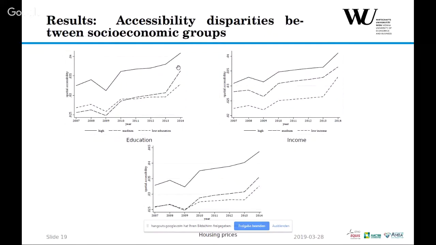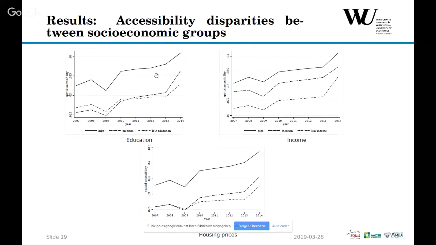Coming to the results, I show you three figures first that depict the accessibility measures for varying neighborhood quality. As I said, we have three different indicators to measure socioeconomic differences between neighborhoods. On the upper left-hand side, we used education as our indicator. On the upper right-hand side, we used income. And at the bottom, we used housing prices.